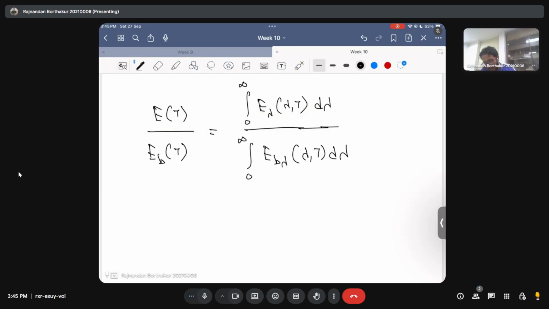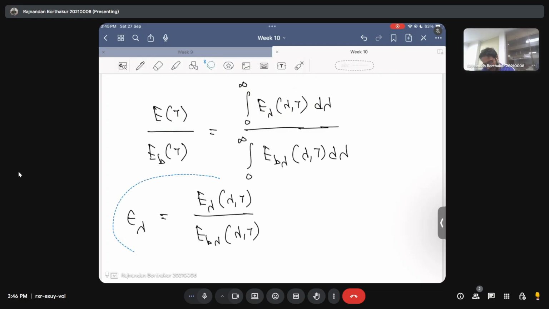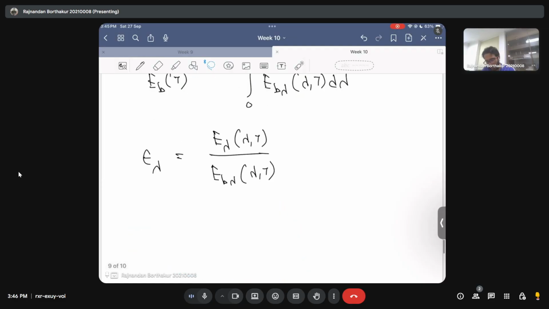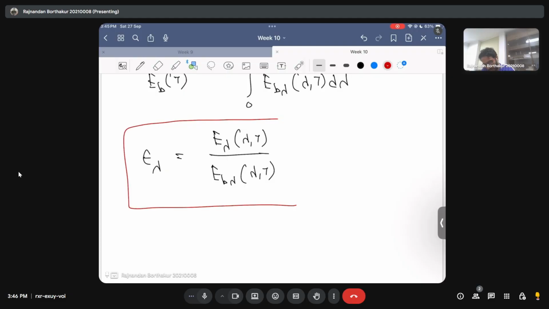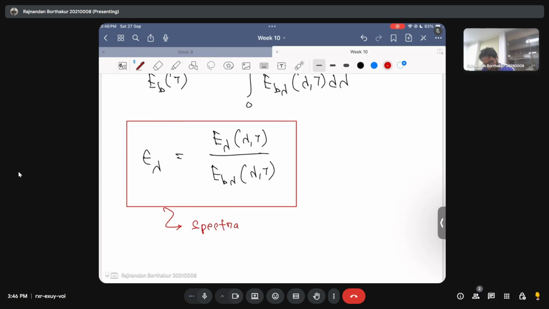Since this fraction is represented like this, I can now define a spectral emissivity denoted by epsilon lambda, written as E lambda, the spectral emissive power of the real surface, which is a function of lambda and T, to the spectral emissive power of a black body, also a function of lambda and T. This epsilon lambda is known as the spectral emissivity.